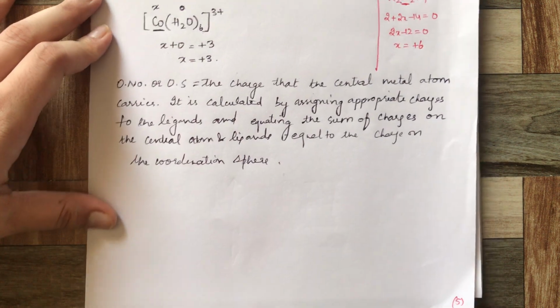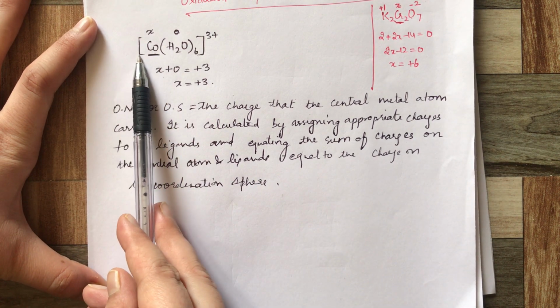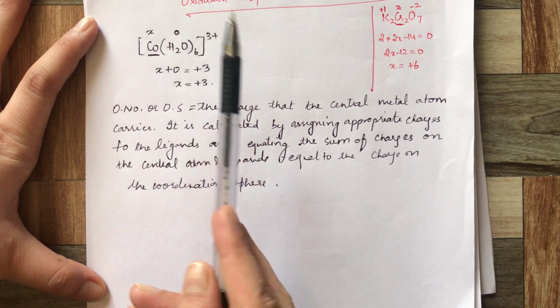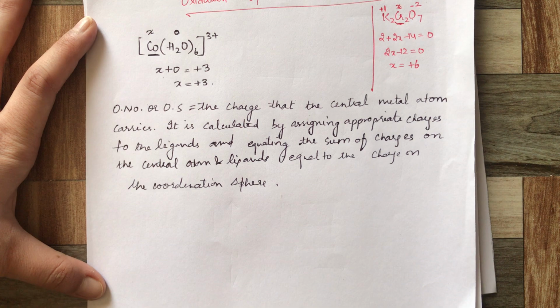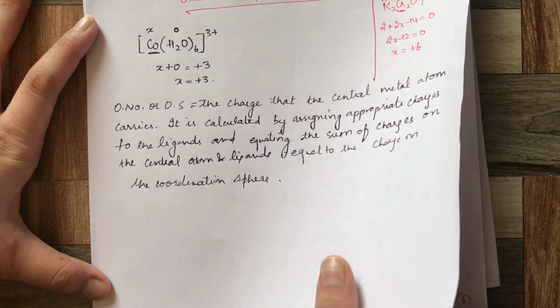My point is that you can only find the oxidation state on the central atom if you know the oxidation state of the ligands. So that follows to our next topic, which is to learn about some of the ligands, their oxidation number and charge and their names, of course, because in the next topic we have to discuss the names of the ligands.